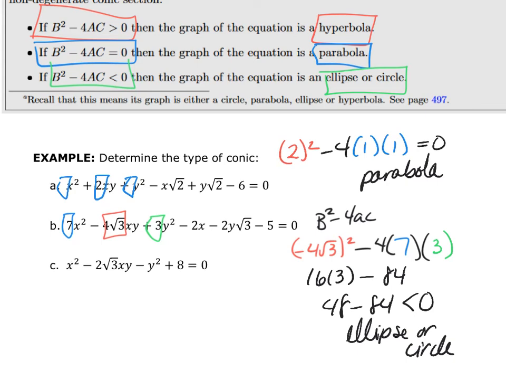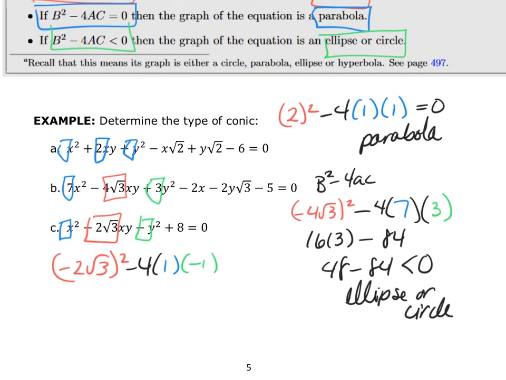Looking at C, my last one, A is 1, B is negative 2 root 3, and C is negative 1. So I'm going to have negative 2 root 3 squared minus 4 multiplied by 1 multiplied by negative 1.